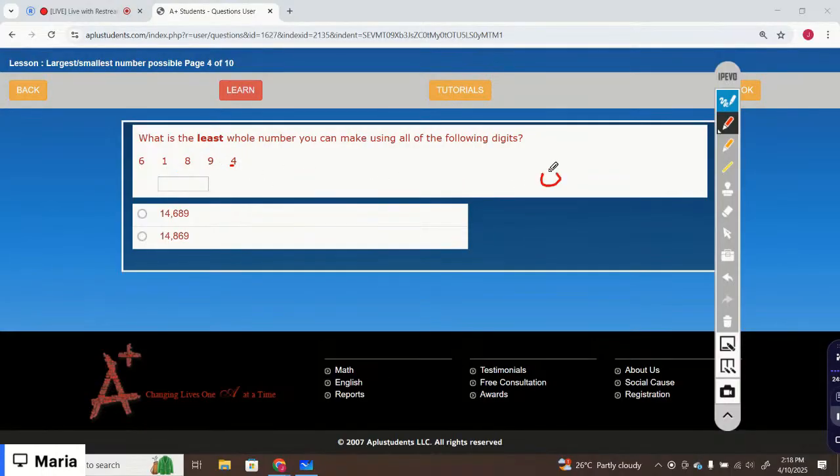It is a five-digit number: ones, tens, hundreds, thousands, and 10,000s. At the highest place value, write 1. Then the next least number is 4. Then 6.